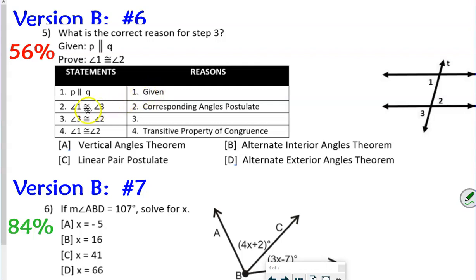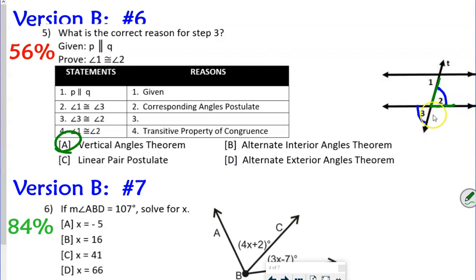Yes, that's parallel. 1 and 3 are definitely corresponding angles and they're congruent. So what is the relationship right here between 3 and 2, guys? So it's saying that angle 3 is congruent to angle 2. Aren't they opposite each other? And doesn't this form a, y'all see this V right here? That is a V, yes, if you turn it. So these are vertical angles. That's the vertical angles theorem, okay, guys?